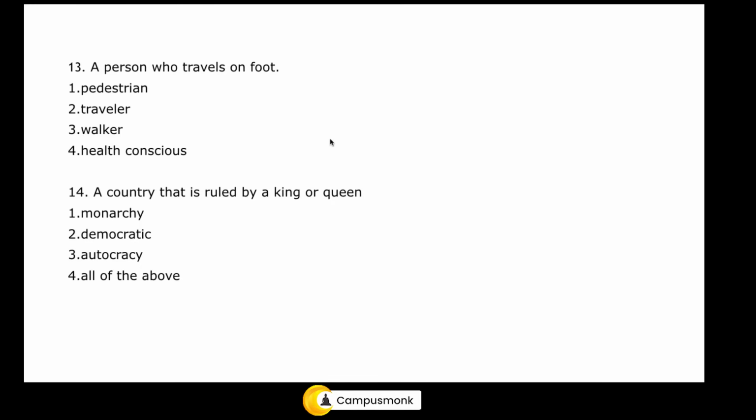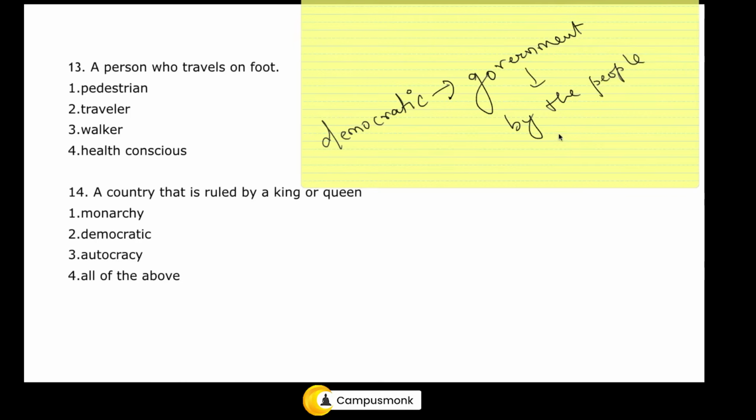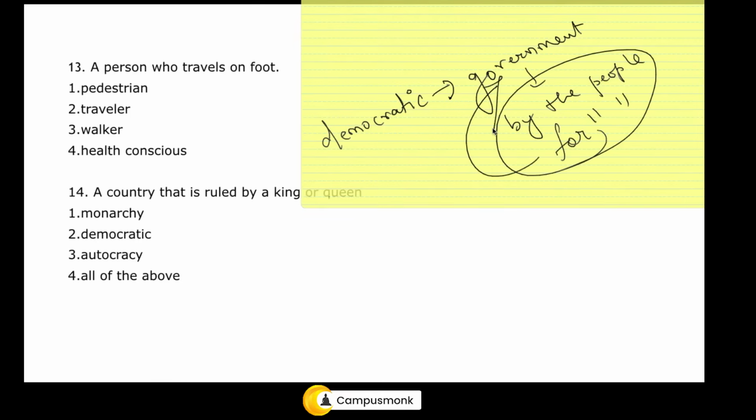Now what is democratic? India is a democratic country. Not fully democratic, but still India is a democratic country. That means what, are we ruled by a king or a queen? No, right? We have a government. Who elects this government? It is by the people, for the people. So people have elected this government.